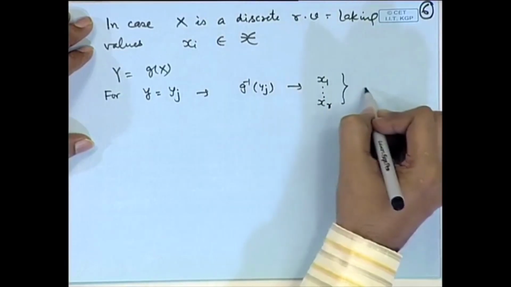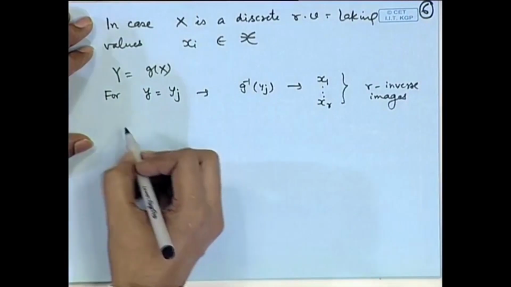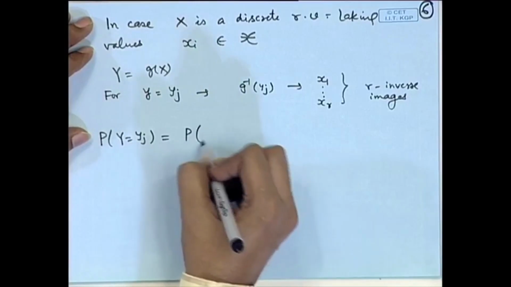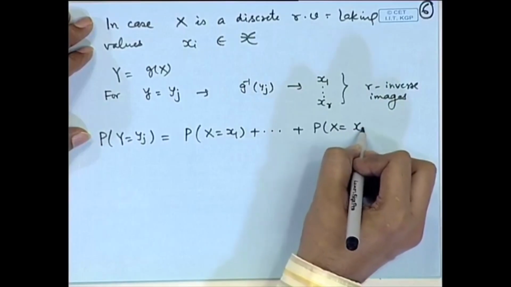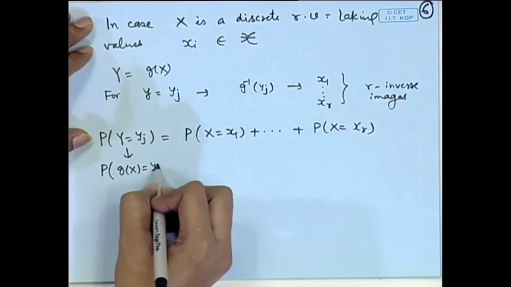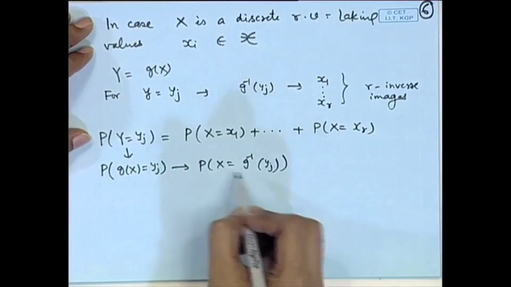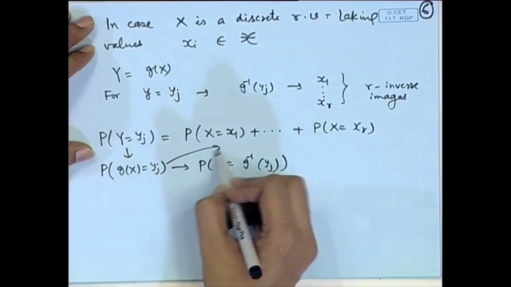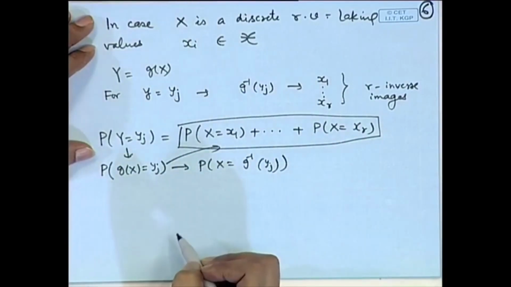That means, in general, suppose r inverse images are there. Then probability of Y = y_j will be equal to probability of X = x_1 plus probability X = x_2 plus ... probability X = x_r, because we are writing it as probability of g(X) = y_j, that is probability of X = g inverse of y_j. Now, what are the values of x_i's which lead to g(X) = y_j? So, we look at the set of inverse images and add all the probabilities.